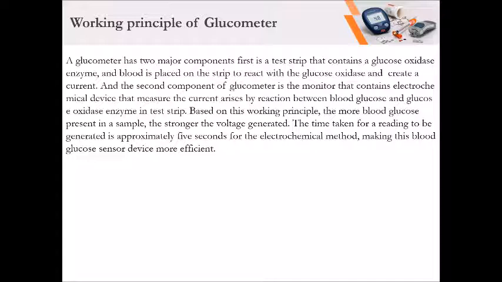Based on the working principle, the more blood glucose present in the sample, the stronger the voltage generated. The time taken for the reading to generate the current is approximately 5 seconds for the electrochemical method, making this blood glucose sensor device more efficient.